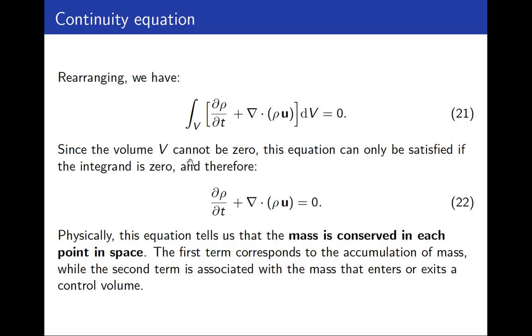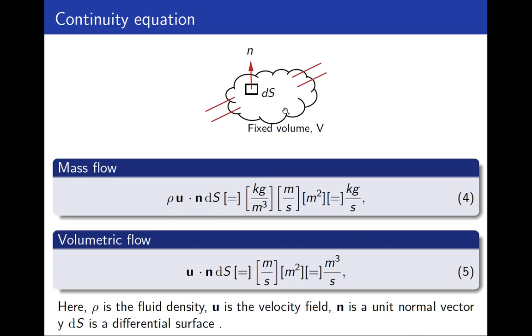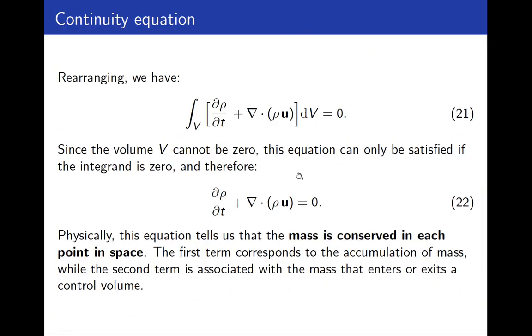Since the volume cannot be zero, it has to be finite, because otherwise there would be nothing. So the only way this integral can be satisfied is if the integrand is zero. That means the quantity inside the integral has to be zero in order to satisfy the whole integral.